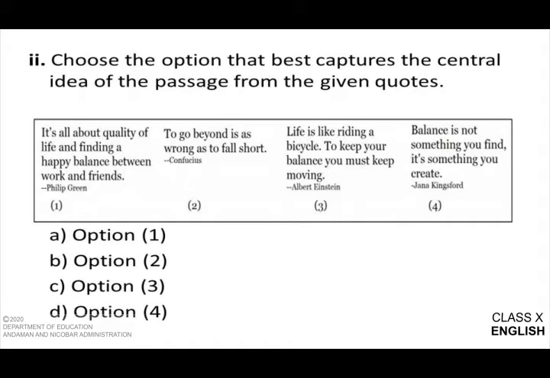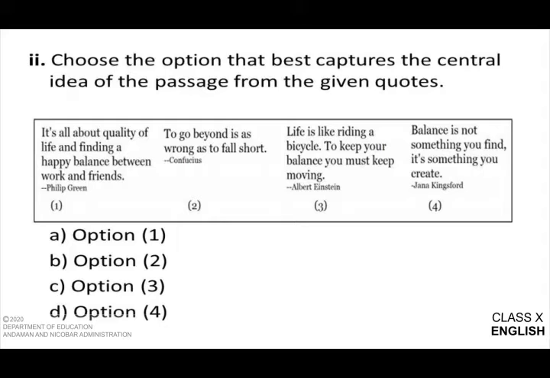Here there are 4 quotes, okay, by different people, and in one of these quotes you have the idea of the passage. So, you need to identify which quote talks about the idea of the passage.